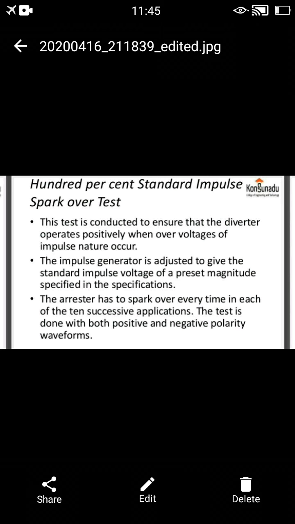The impulse generator is adjusted to give the standard impulse voltage of a preset magnitude specified in the specifications. The arrestor has to spark over every time in each of 10 successive applications. The test is done with both positive and negative polarity of waveform. So this is the standard impulse spark over test for 100% value.